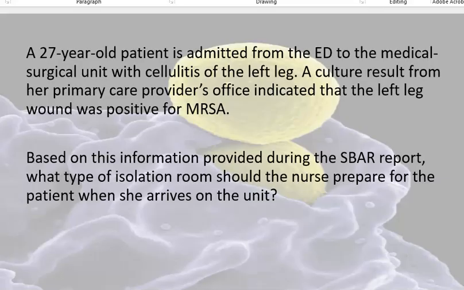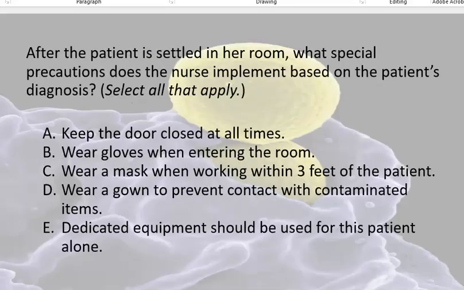So the patient should be admitted to a private room under contact isolation. The patient should be taught to perform frequent hand washing. Healthcare personnel and visitors should wear gloves upon entering the room to prevent contact with the patient, contaminated items, or uncontrolled body fluids.